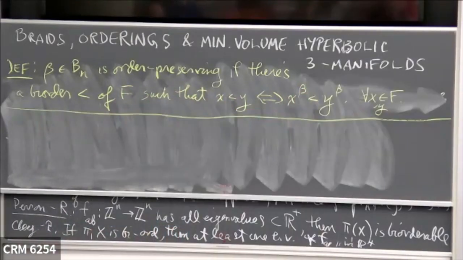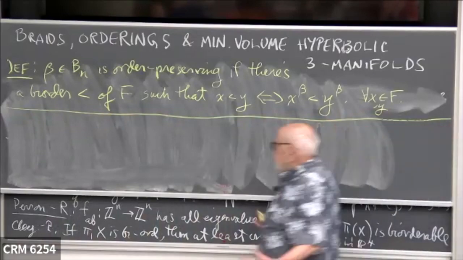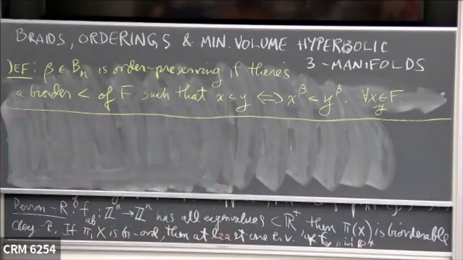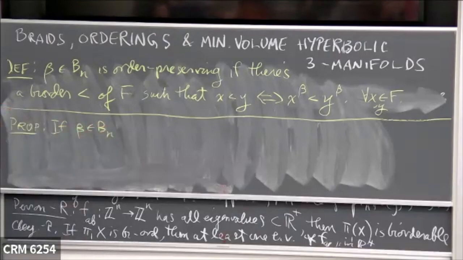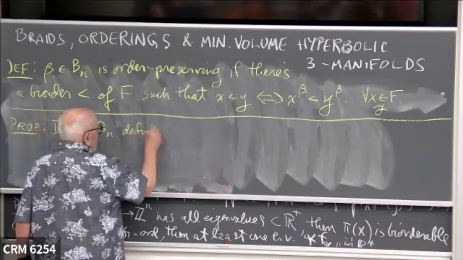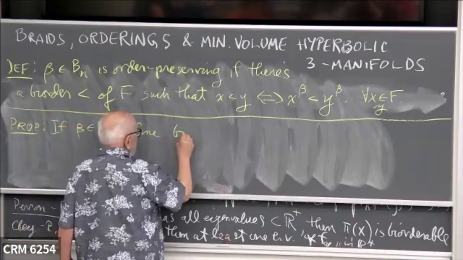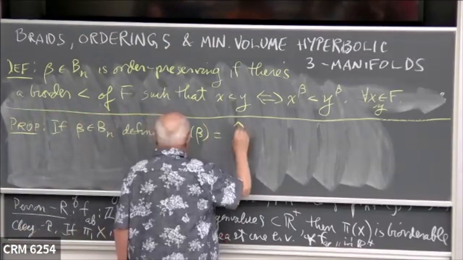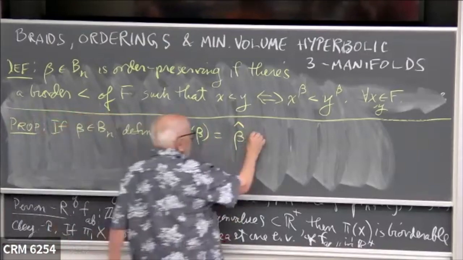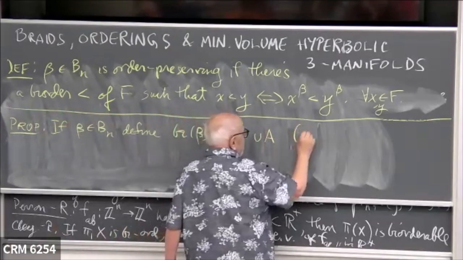Why did I introduce this funny concept? Well, one reason is this proposition. If beta is a braid, define the braided link of beta to be the usual closure together with A, which is the braid axis.